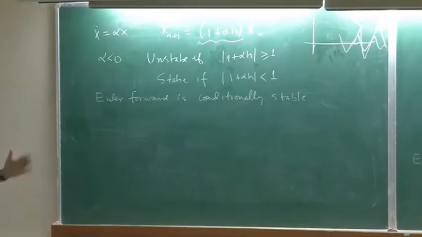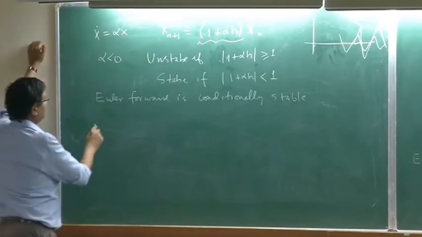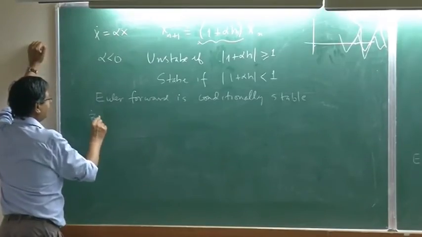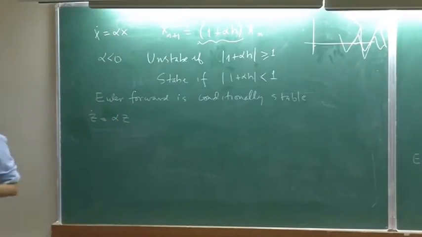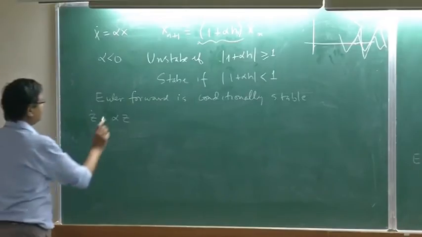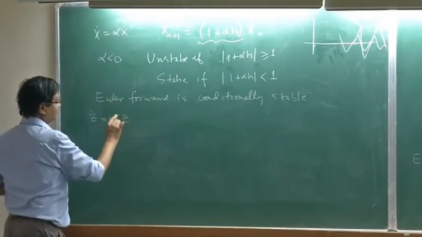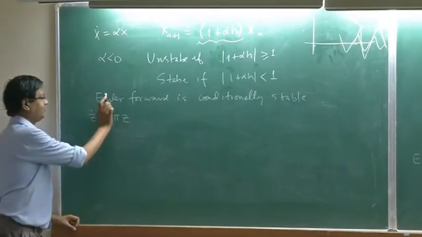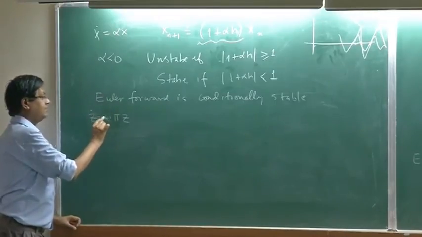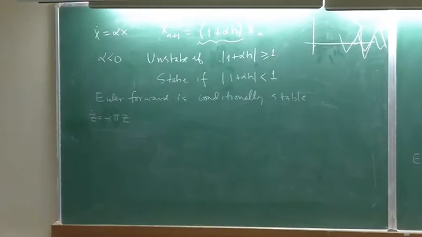So let us do a slightly different example. Instead of x, I am going to use z dot equals alpha z, but z is complex and alpha is also complex. I use alpha as minus I pi. This is an example from Fergier's book. So what does the solution look like?